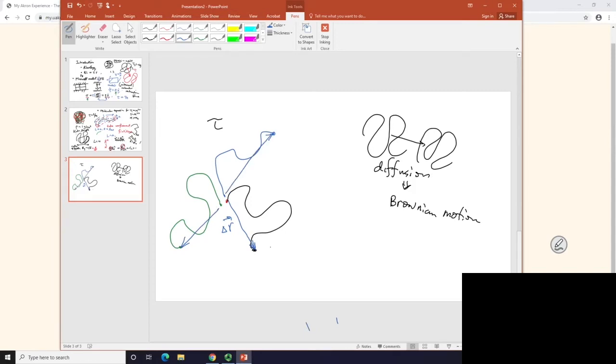So the way people do it is to think about R squared, in other words, end-to-end distance squared. And since different chains are behaving differently, you have to do an ensemble average. But at the end of the day, what you find is that how far away it goes is linear in the time it takes. Okay? So that's diffusion, fundamentally.